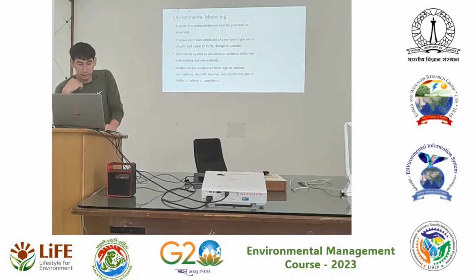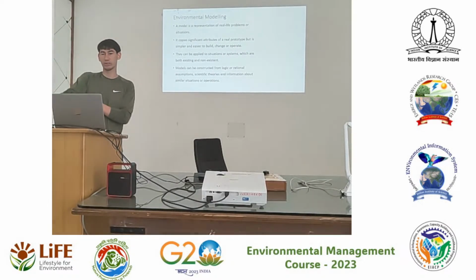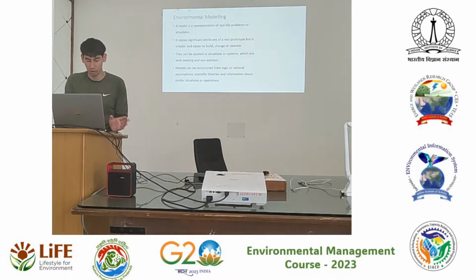So models can be applied to situations or systems which are either existent or non-existent. A model can be real-life or something we are thinking of, or hypothesis-based. A model can be constructed from logic or rational assumptions, scientific theories, and information about similar situations of operation.